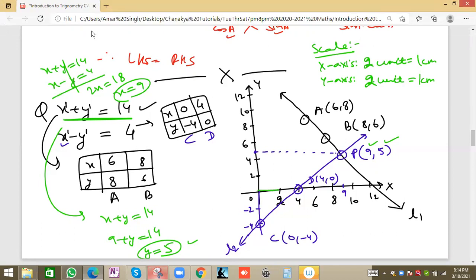Here also 2 units is 1 centimeter, no problem. Fine. Because we have a gap of 2, 2 units, 1 unit is 1 value. So with 2, 4, 6, 2 units will be equal to 1 centimeter. By length this will be 1 centimeter, and 2 units is 1 centimeter.